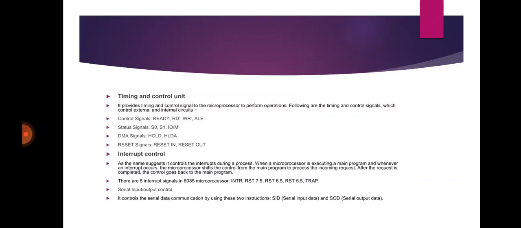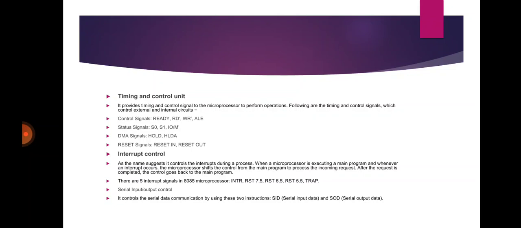Status signals are S0, S1, IO/M. DMA signals are HOLD and HLDA. Reset signals are reset in and reset out. This is all used for the communication signals generated by the timing and control unit, to communicate between the CPU and the peripheral devices.